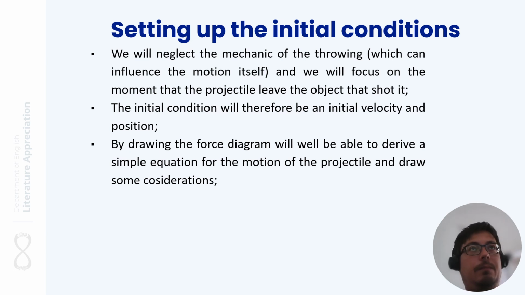So first of all, we are not going to describe the actual dynamics or physics that impart the motion to the object. Suppose you're flinging an object. Of course, depending on how you do it, the twist that you give the object, the speed, the torsion, any little detail will affect the trajectory of the object.